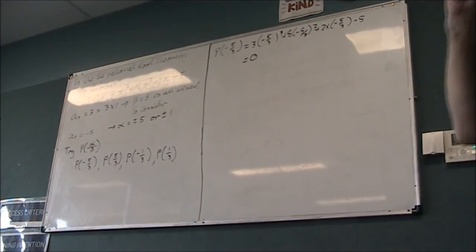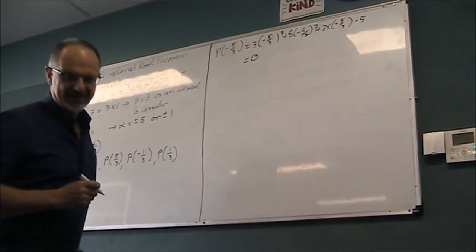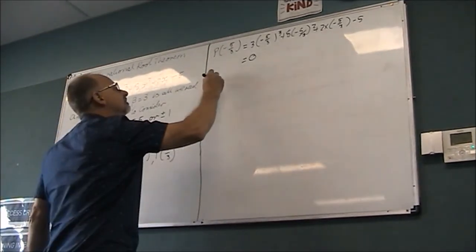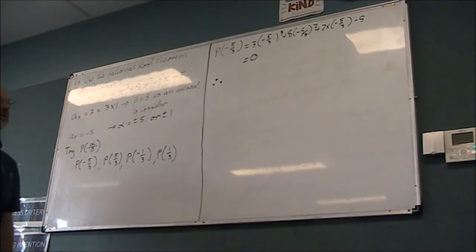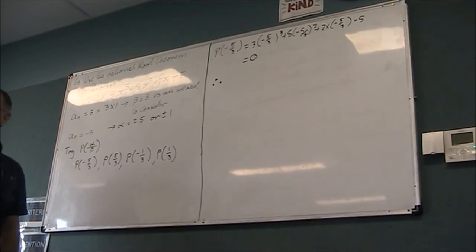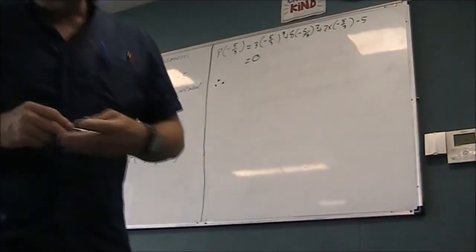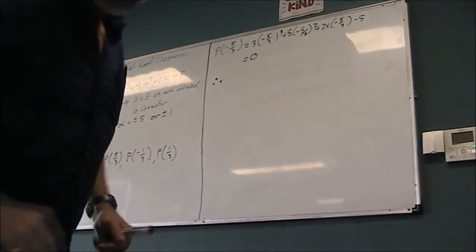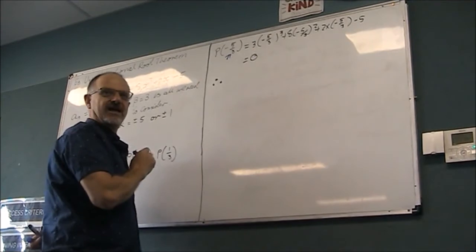So, if P of -5/3 is equal to 0, what is then the factor? What's the factor associated with that? How do we figure out what the factor is associated with that? What's this -5/3? What does it represent? What value is that?